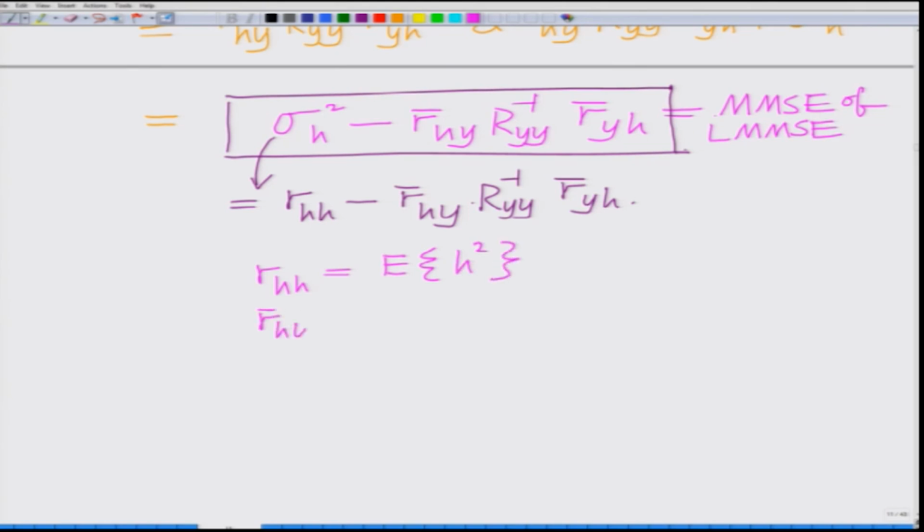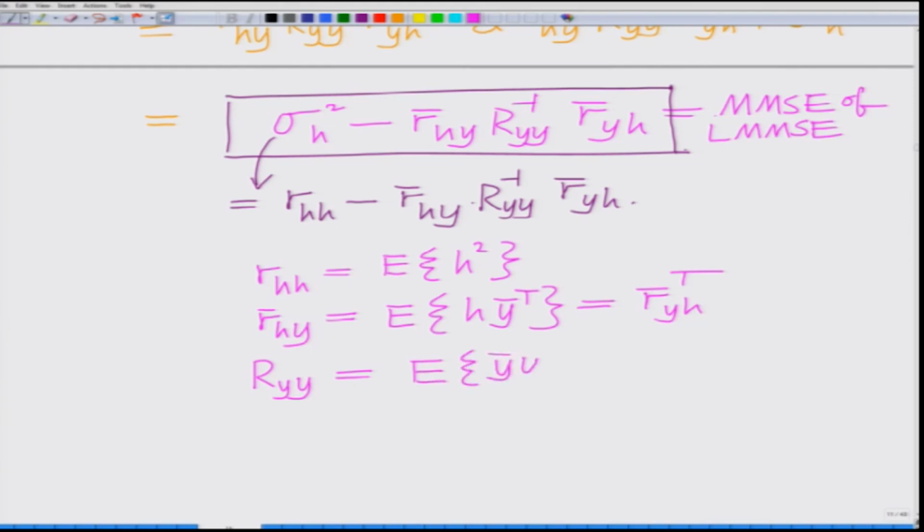R bar HY equals the expected value of h y bar transpose, which is R bar YH transpose, and RYY equals the expected value of y bar y bar transpose. These are the different quantities, and this is the resulting minimum mean squared error of the LMMSE estimate.